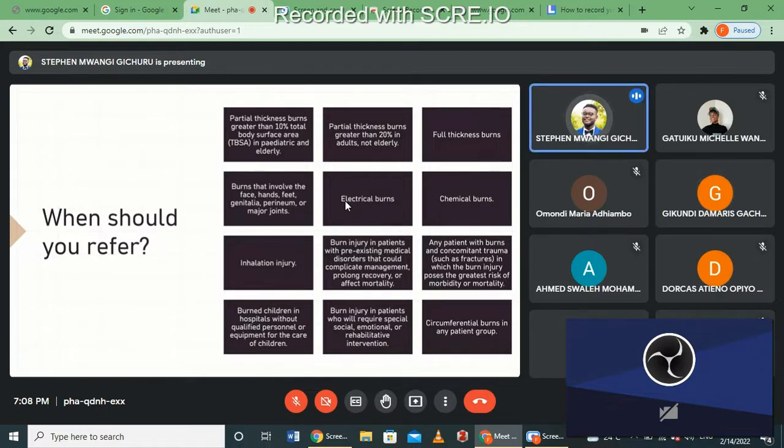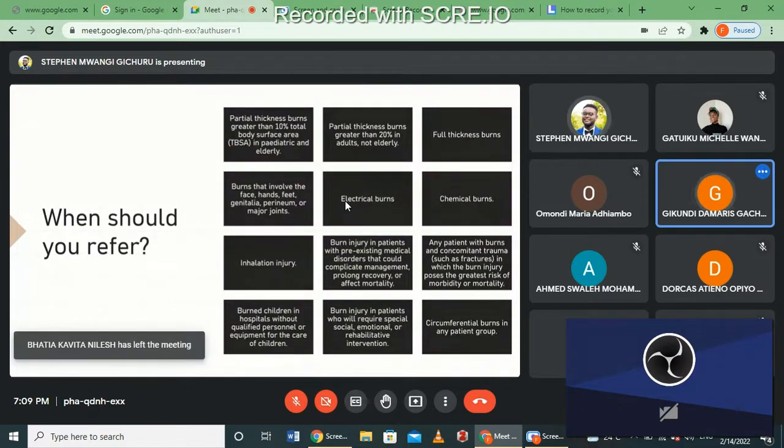We want to take these patients to a setup where, if they have compartment syndrome, most of the time, Damaris, it's caused by what? What causes compartment syndrome? Do you expect compartment syndrome with partial thickness or full thickness burns, and why? I'm not sure.